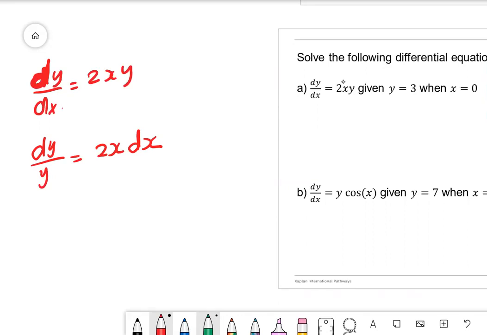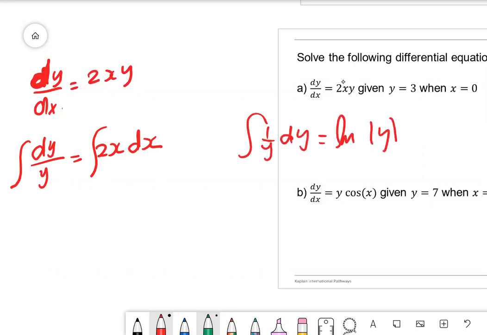So we integrate them, yeah? So 1 over y, the integration of 1 over y dy, is ln y, yes? So this becomes ln y equals 2x squared divided by 2 plus c.